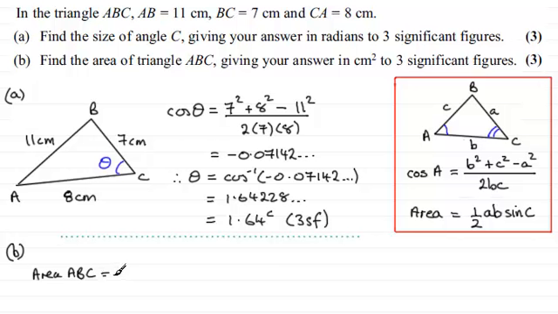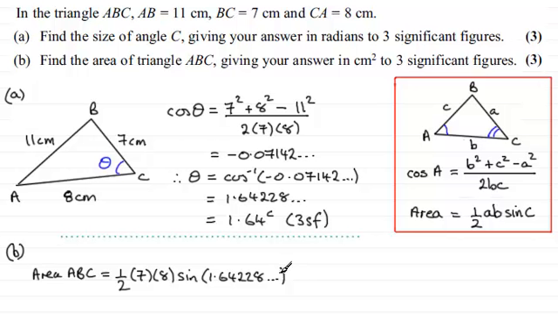So if we do that, the area of ABC is going to equal half the product of these two sides, 7 times 8, and then we take the sine of the included angle, in this case theta. I'll take the unrounded version here of 1.64228 and so on radians.